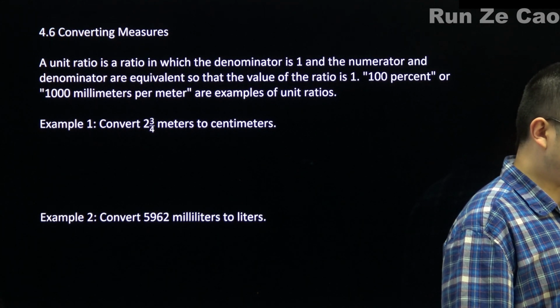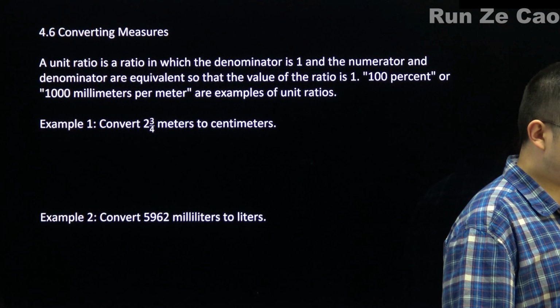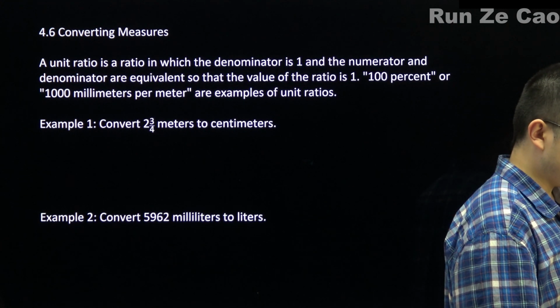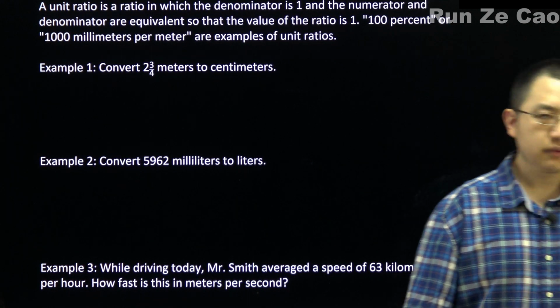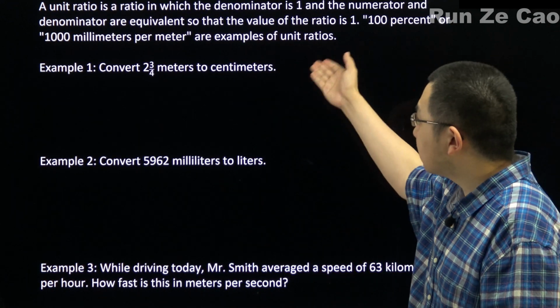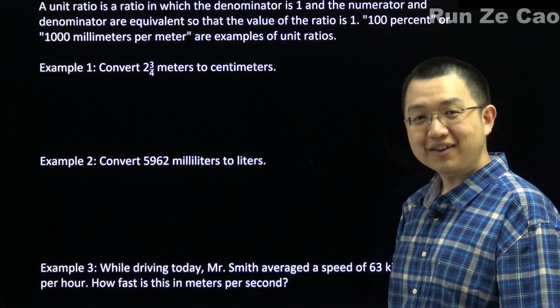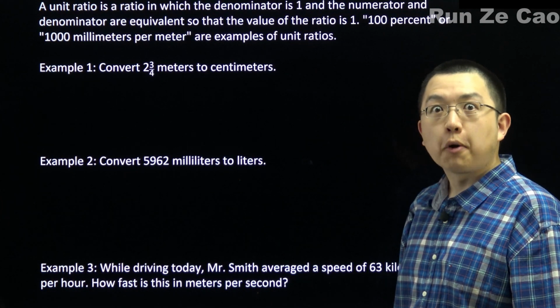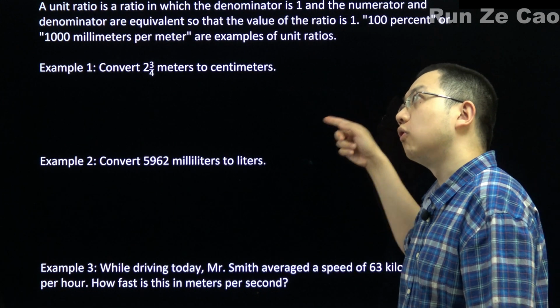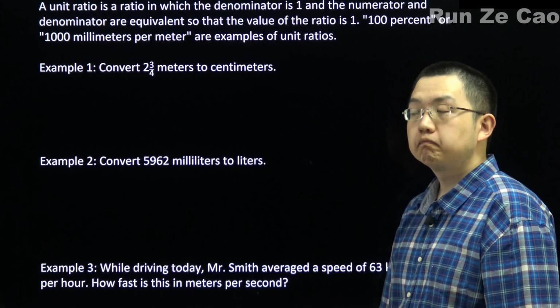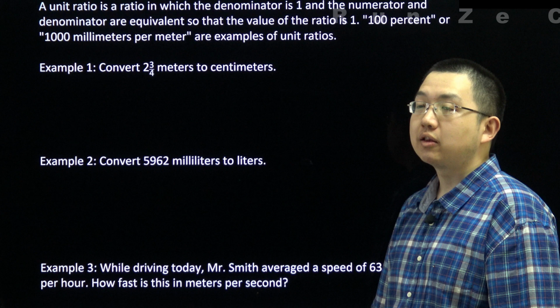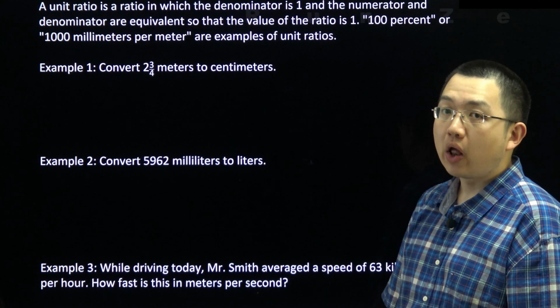So let's convert 2 3/4 meters to centimeters. The reason why I said things we can consider unit ratios is because 100% literally means 100 per 100. So 100 over 100. Yeah, that's 1.